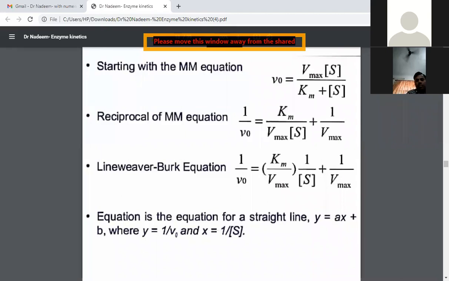It is represented as 1 by V0 is equal to Km upon Vmax, whole into 1 by S, plus 1 by Vmax. So this is the equation for a straight line, which is represented by y is equal to ax plus b, where the x and y axes are denoted by 1 by S and 1 by V0.